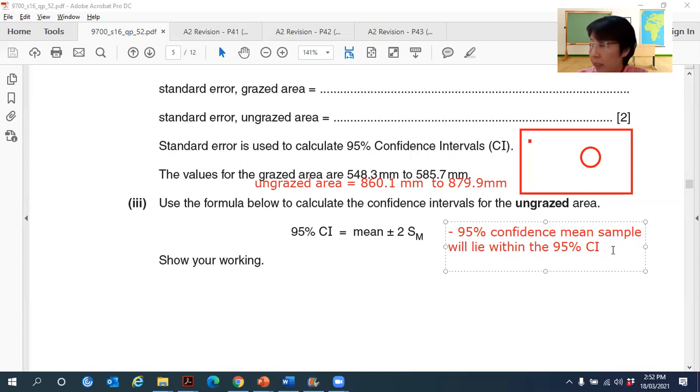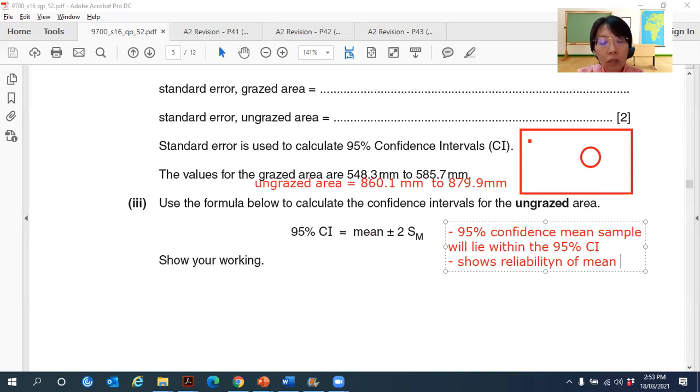Okay? Then the next thing you can see here is that it shows the reliability of the mean value. For example, standard deviation shows the reliability of the data, that means how close the data are distributed around the mean.